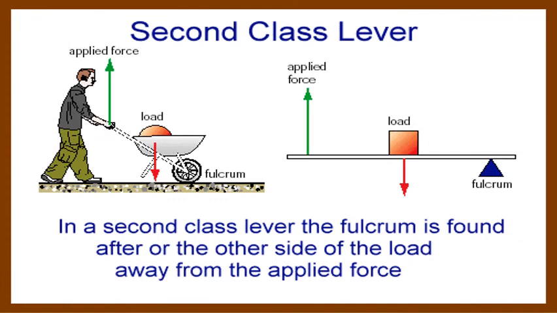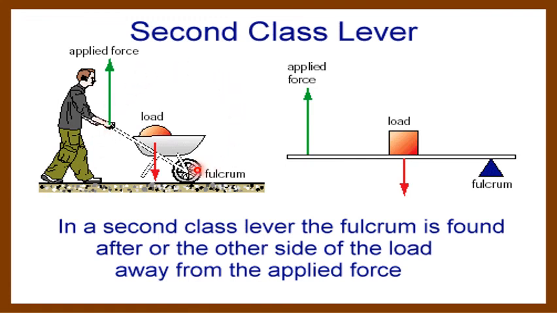Students, here comes the lever class 2, or the second class of the lever. What happens in it? In a second class lever, the fulcrum is found on the other side of the load, away from the applied force. You can see the trolley here. The man, or the worker, is applying the force at one corner, right?